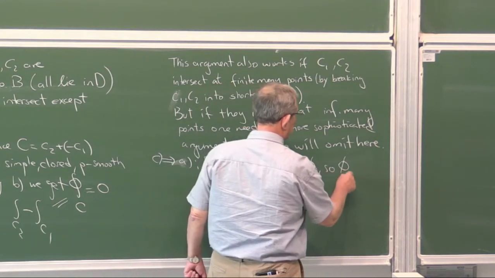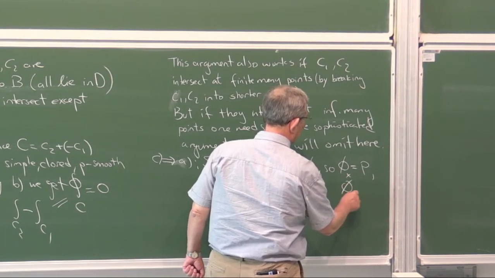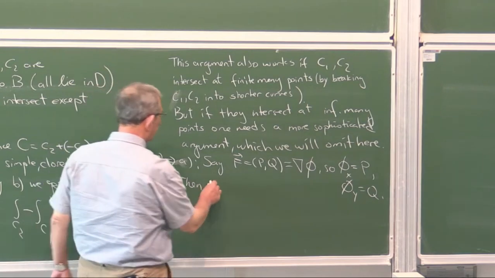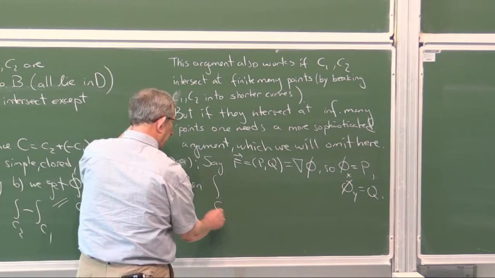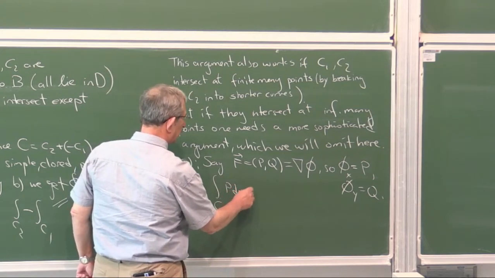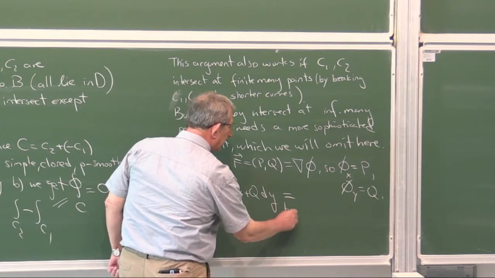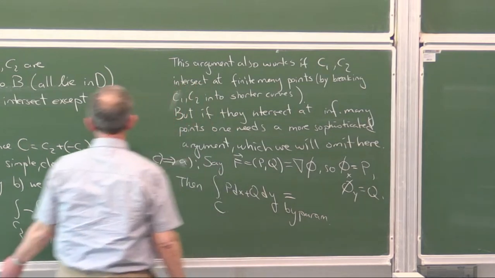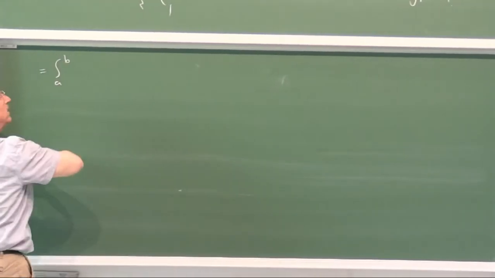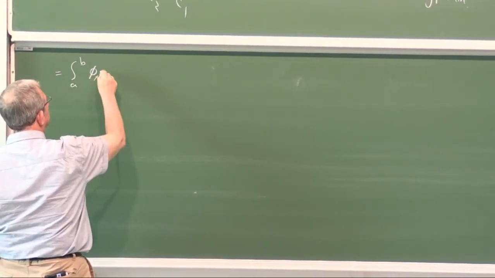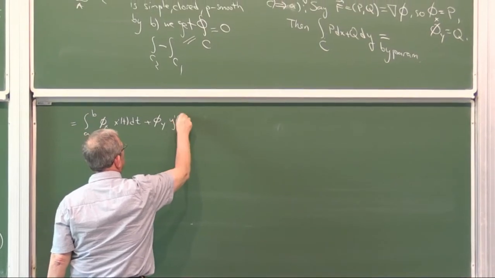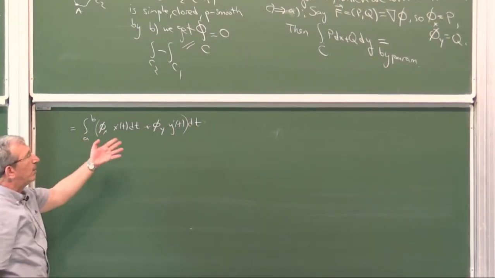So phi sub x is P, phi sub y is Q. Now then, the integral over any C connecting A to B of P dx plus Q dy, we did this before actually, by parametrization, is the integral from A to B of phi sub x times x prime of t dt plus phi sub y times y prime of t dt, because dx and dy become these things.